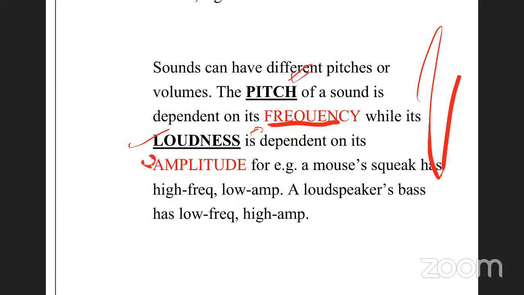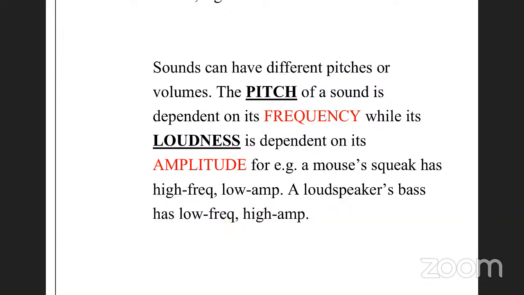Okay? So a mouse's squeak has a high frequency, low amplitude. A loudspeaker bass has a low frequency, high amplitude. So we need to know those properties about sound waves.